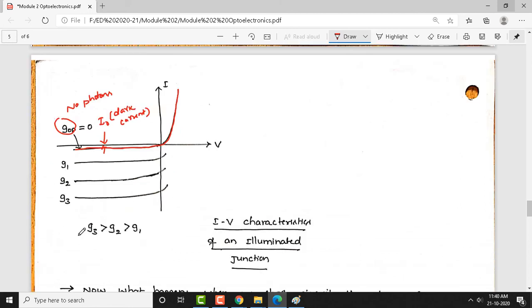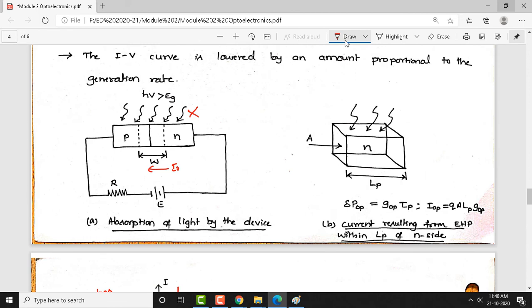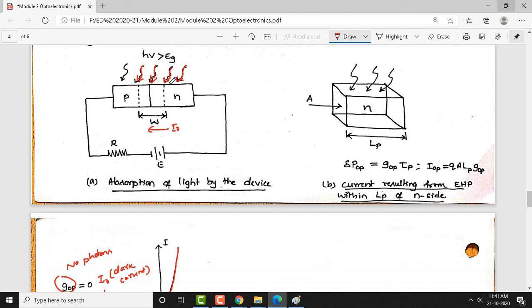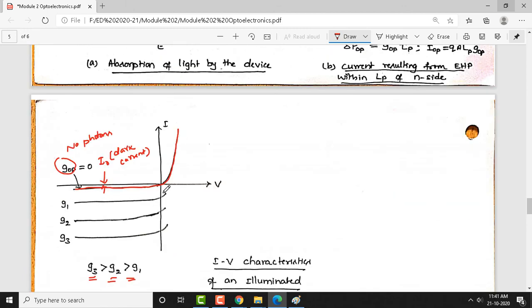Now, when photons are made to fall on the junction, you will get electron hole pairs in all three regions. That creates not I naught now; the magnitude of the current will increase. We can call this I_OP, the optical current. You can see that we have different I_OPs here.